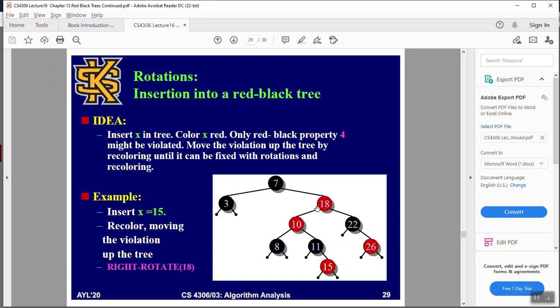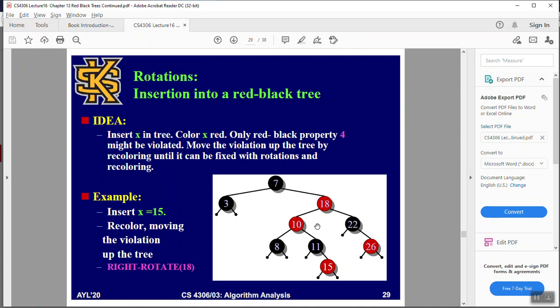So this one is violating the color property, right? This is red and this is red, so it is violating. Whatever is violating, we have to move this subtree to the right.